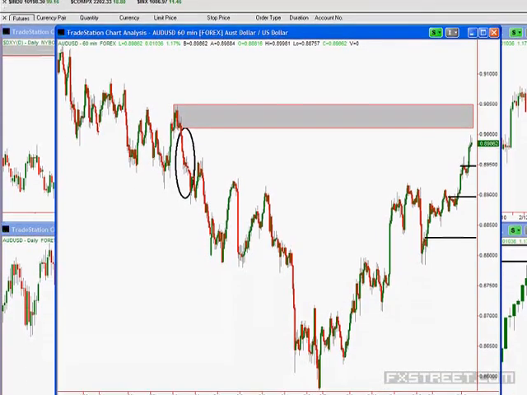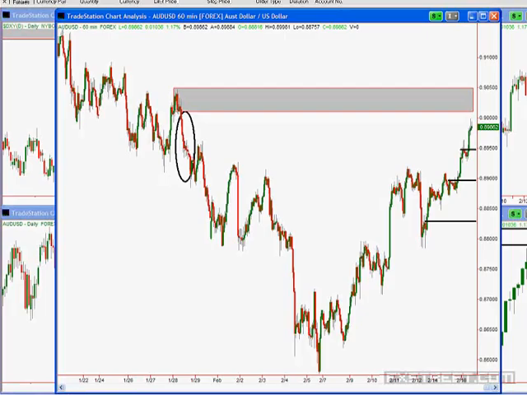Those black lines I drew in there, if prices come up to our supply level and fall, those are areas where some people might consider some profit taking. Those are probably going to be little demand speed bumps on the way up. But you may want to ignore that first one, go with the second one.